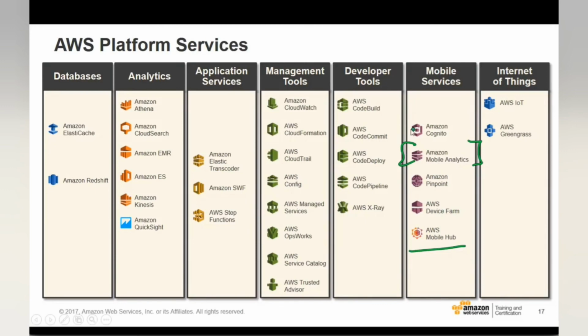Even logging in with Facebook, Google, and this kind of authentication system and managing data across devices. All of that type of thing needs to be coordinated when you're developing mobile apps, and we have Mobile Hub that incorporates all of these things. That's all that is. Okay.